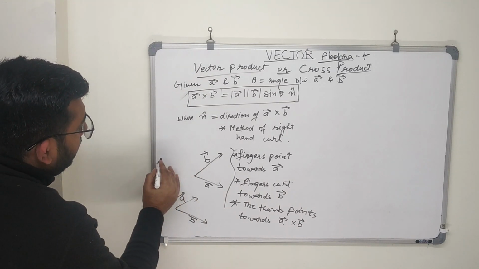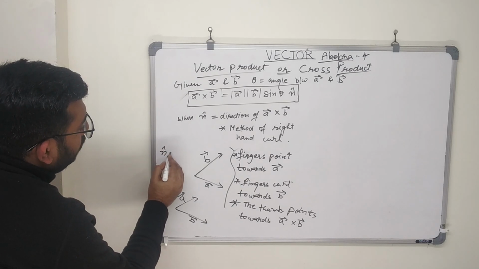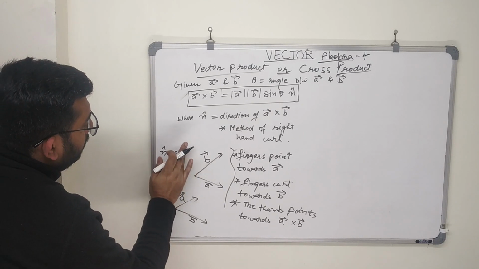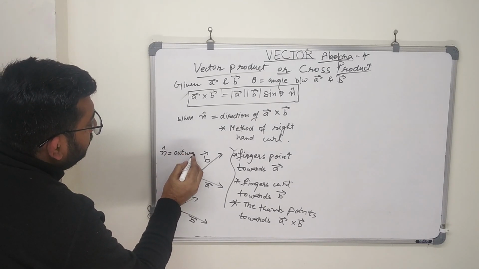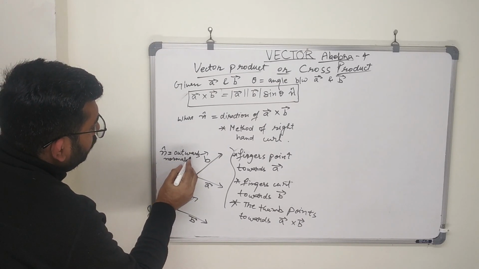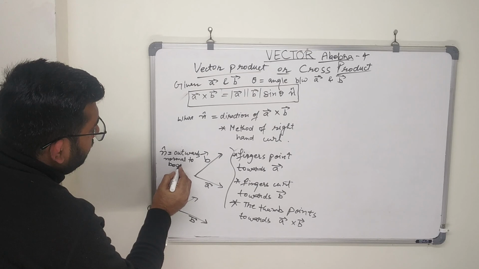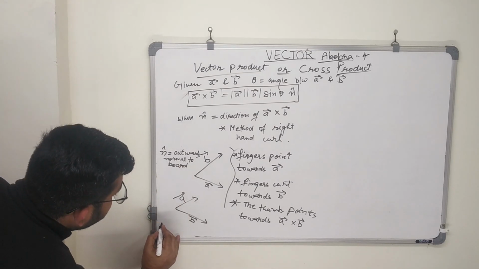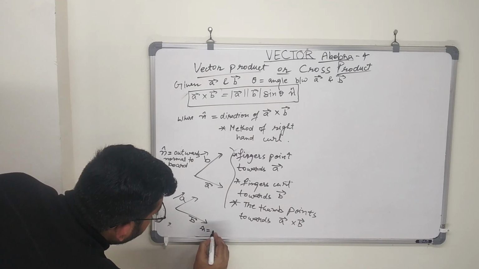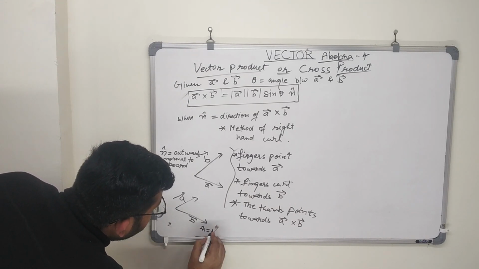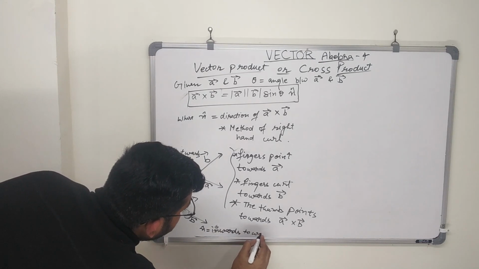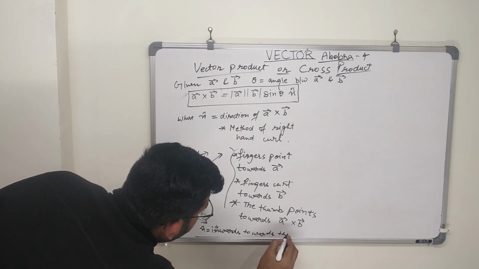So in this case n cap is equal to outward normal to board, and similarly in this case n cap will be inwards towards the board.